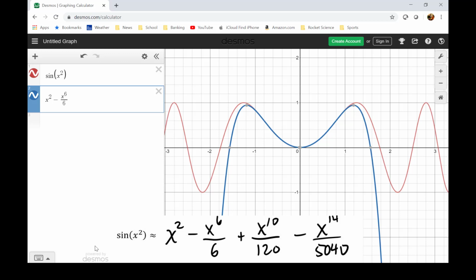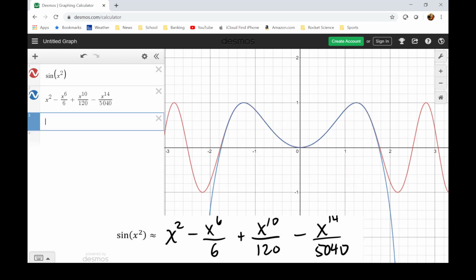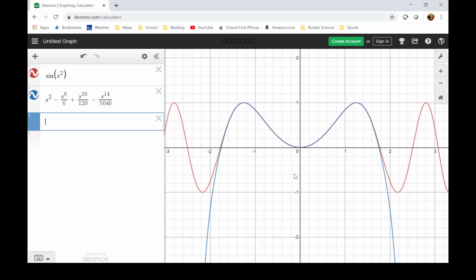It's just amazing. Yeah, so that does look like a good match for that function, sine of x squared. Well, actually, ultimately, this will converge anywhere, but it seems very accurate between -1 and 1.